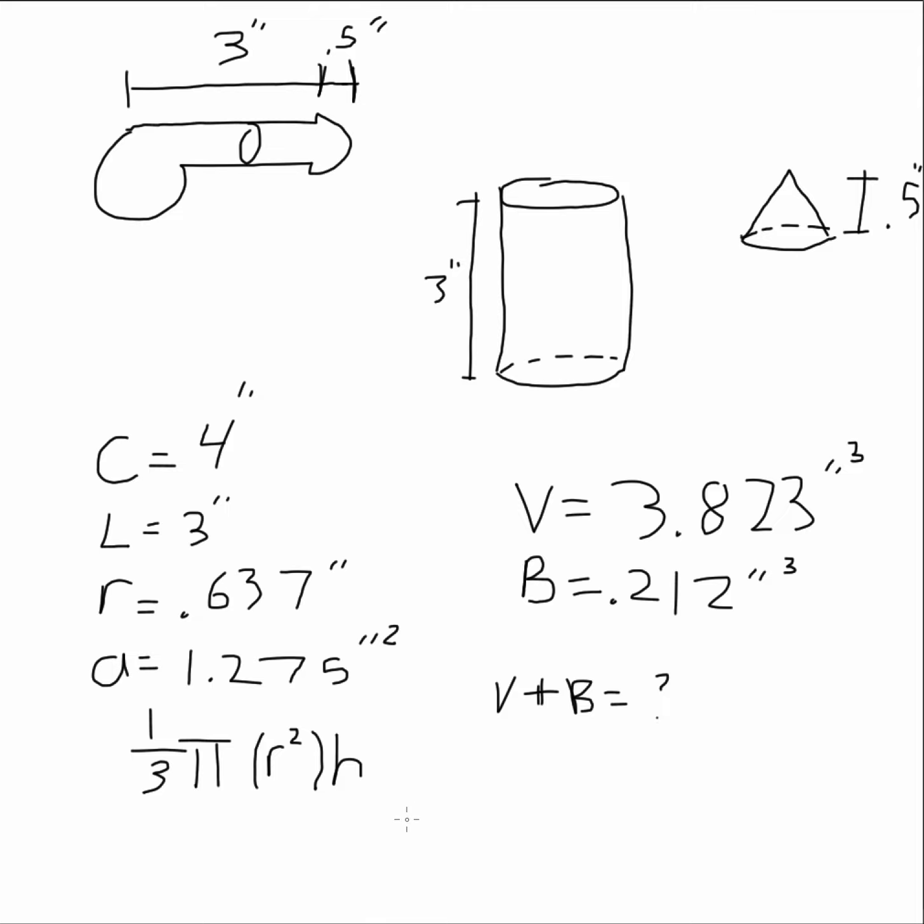So for us, it's 3.823 plus 0.212, which is equal to a penis with a grand total of 4.035 cubic inches. Nice.